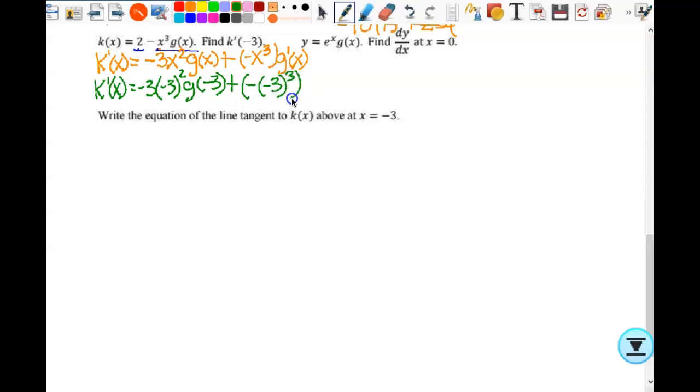Now look at what I just did there. Because this negative is outside the cubed, right? I'm substituting in a negative 3. So it's negative 3 cubed, and then we change the sign, right? So make sure your negatives are in there correctly, or you have your parentheses correct. Times g prime of negative 3.